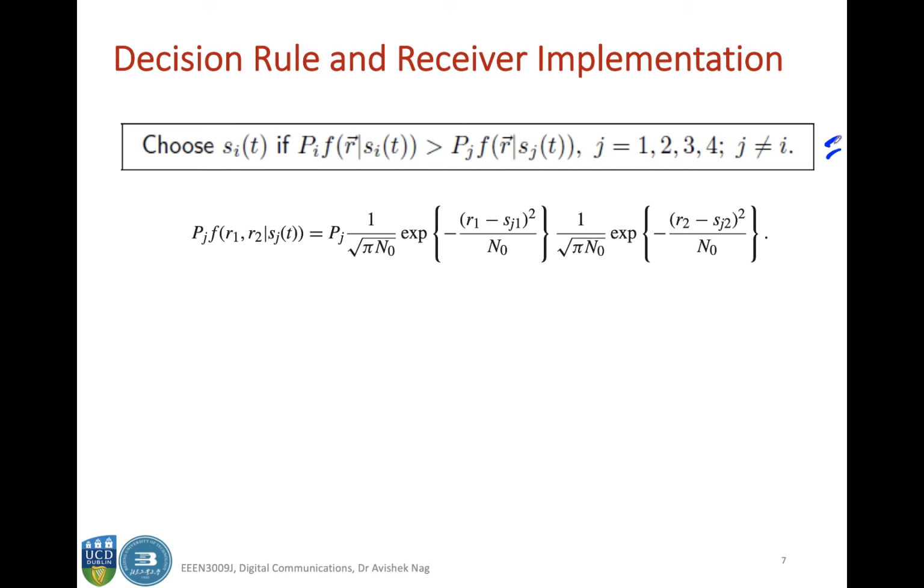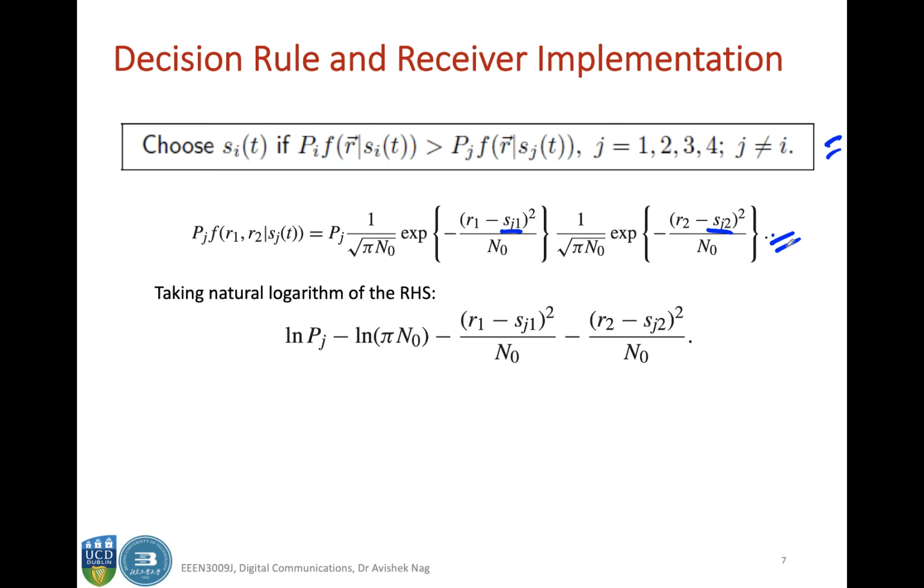You can simplify this decision rule as well by plugging in the distribution function. The received signals will follow a Gaussian distribution with mean Sj1 and Sj2. And why this is so, we have discussed in the binary case. The same logic applies here. If you take the natural logarithms of both sides, then you obtain this.